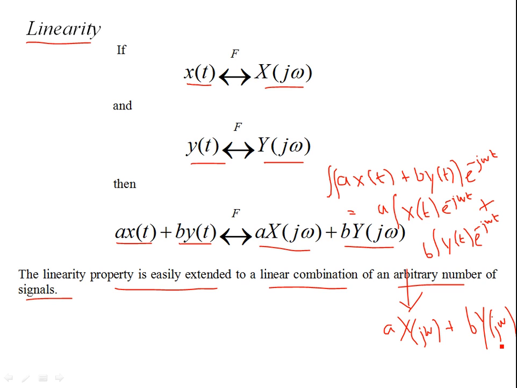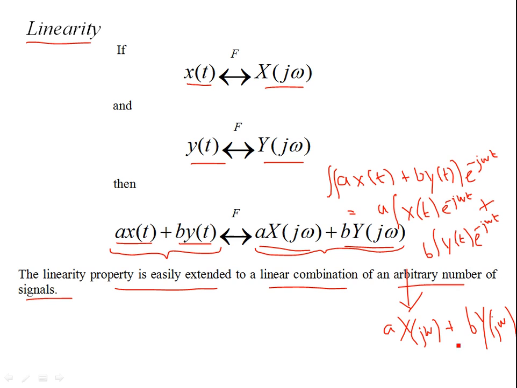Similarly here, the Fourier transform of a x(t) plus b y(t) is a linear combination of the transforms of the respective signals.